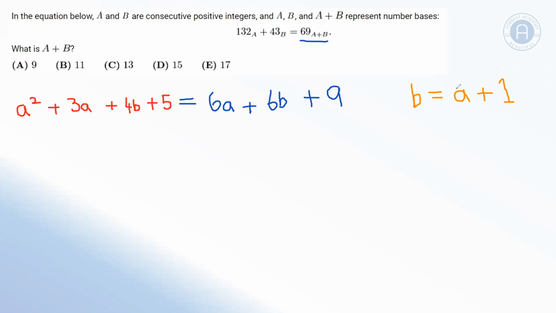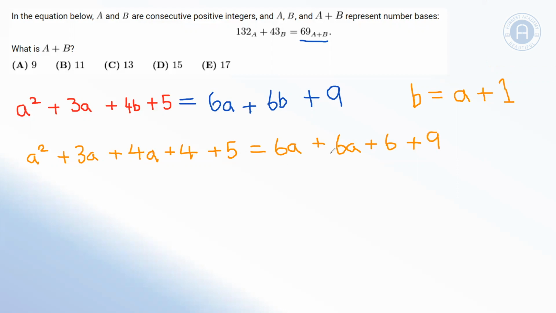If we substitute those values for B into our equation, we're going to get A squared plus 3A plus 4 times (A plus 1), so plus 4A plus 4, plus 5 equals 6A plus 6 times (A plus 1), so that's 6A plus 6, plus 9.